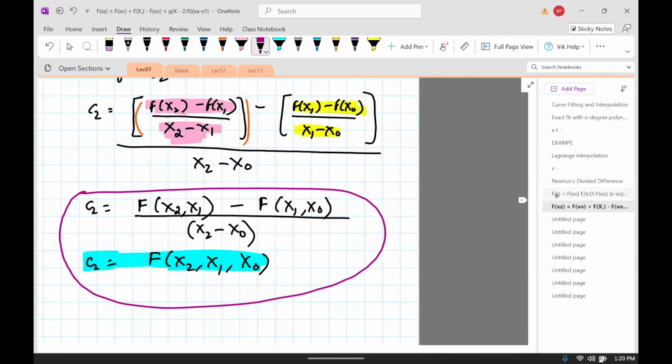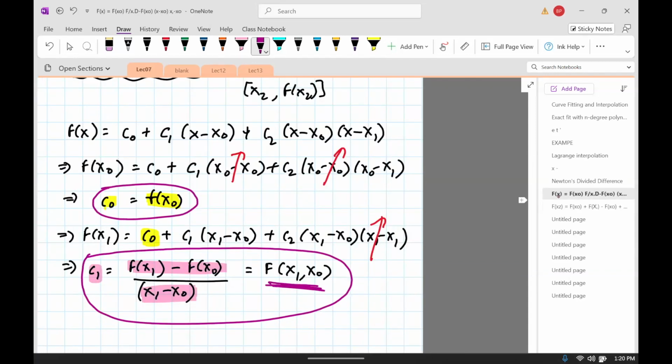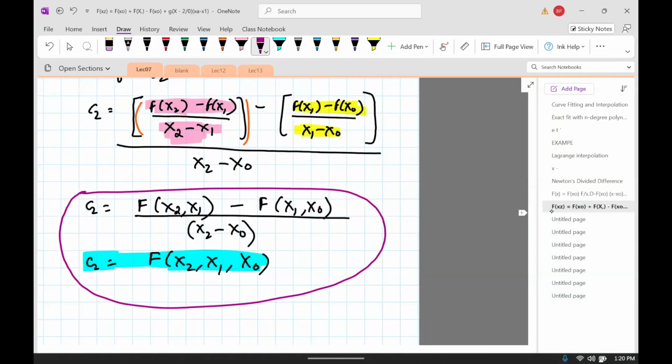So only the first one, C0, was lowercase f, C1 was uppercase F with arguments x1 x0, and C2 is uppercase F with three arguments.